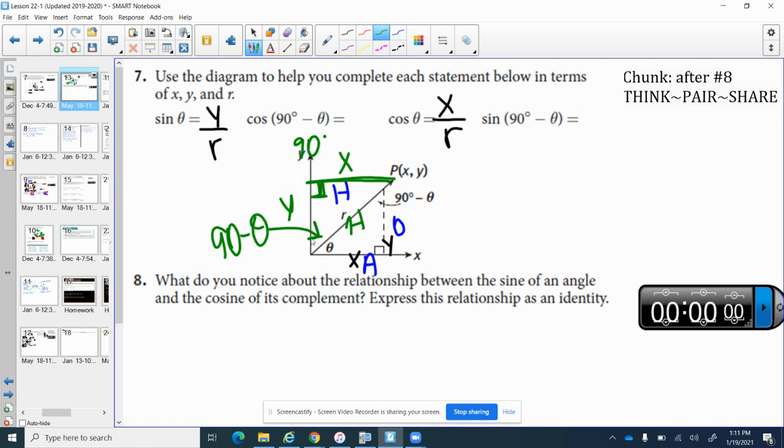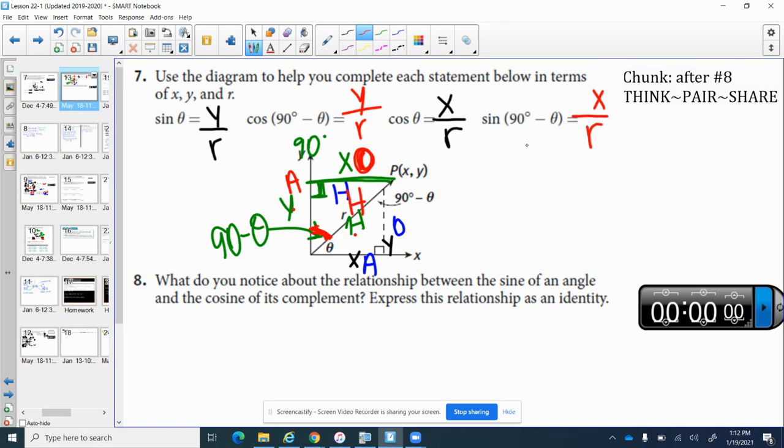So if we look at this as the reference angle, now my opposite is over here, still this is the hypotenuse, and here is my adjacent. So when we're looking at this angle as the reference point, the cosine is actually going to be y over r because it's the adjacent over the hypotenuse. And for sine, now that this is the opposite for this angle, it's x over r.